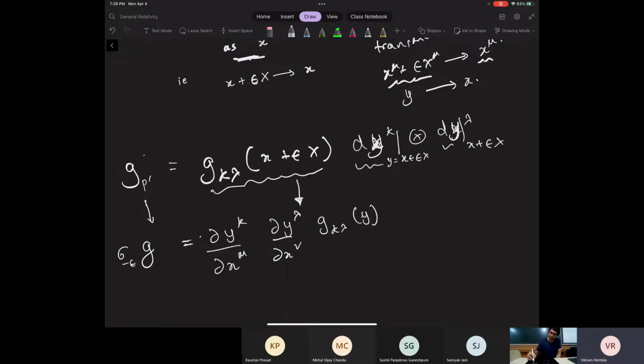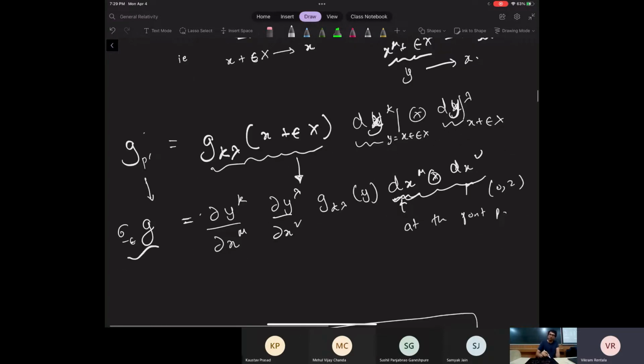Now we're saying that this is not a vector at x prime anymore. It's a vector at x. So I can use the basis for dual vectors, and this is the basis for a dual 0-2 tensor, at the point P. This is what we call the pullback of this g.